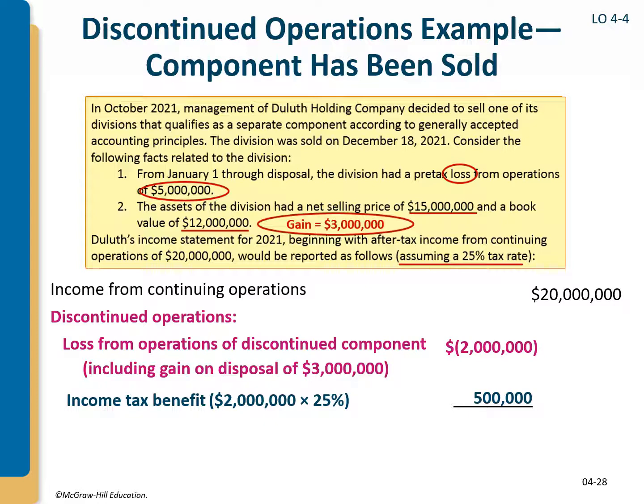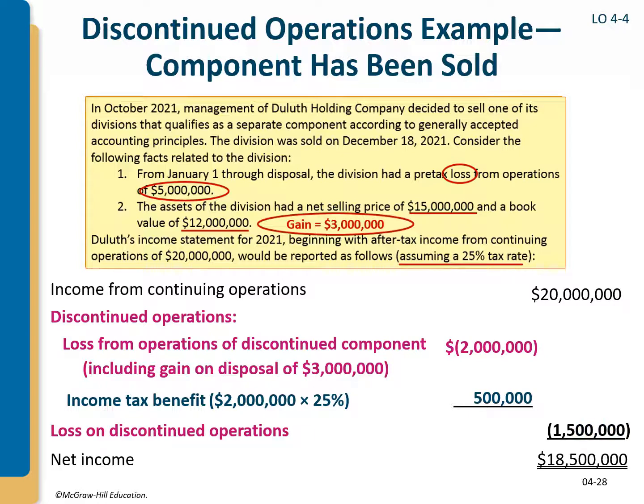So the $2 million won't be subtracted from our income from continuing operations. No, because the actual loss is only $1,500,000. $2 million loss, but then a tax savings of $500,000. So now our loss is only at $1.5 million. So loss on discontinued operations, $1.5 million. Subtract that from your income from continuing operations to get your net income of $18,500,000.